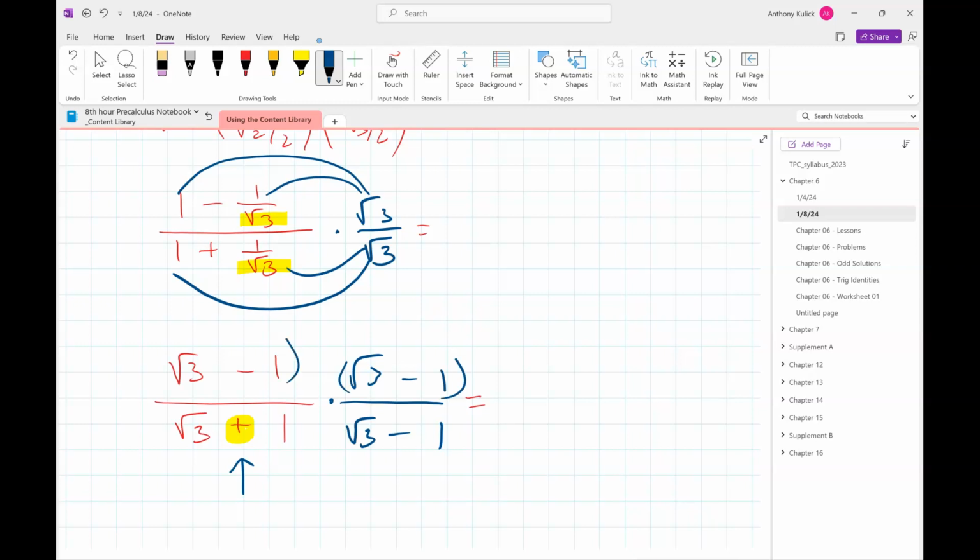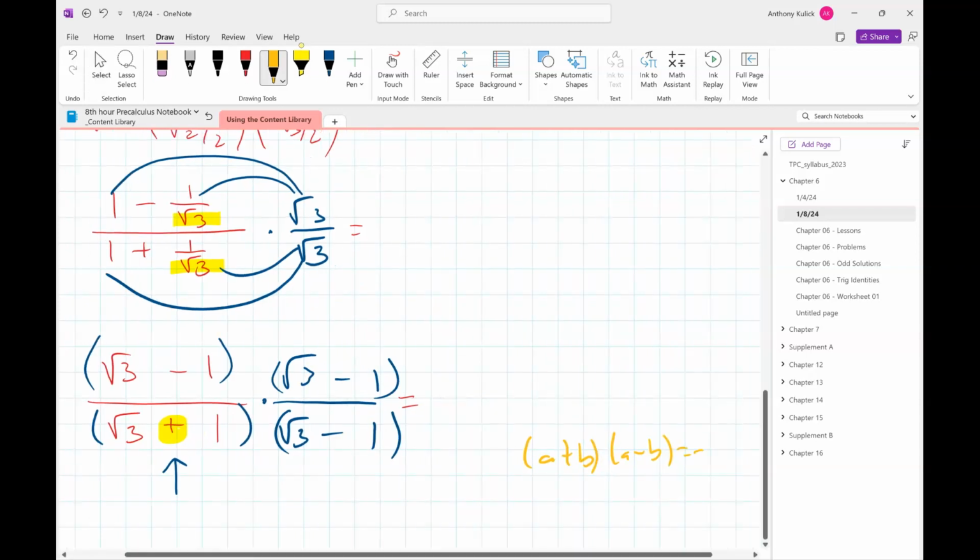Now to multiply this, we're going to have to do some foiling. The denominator, though, I noticed that, hey, that's that difference of two squares multiplication pattern that we would have learned in Algebra 2. So I can use that to shortcut through.